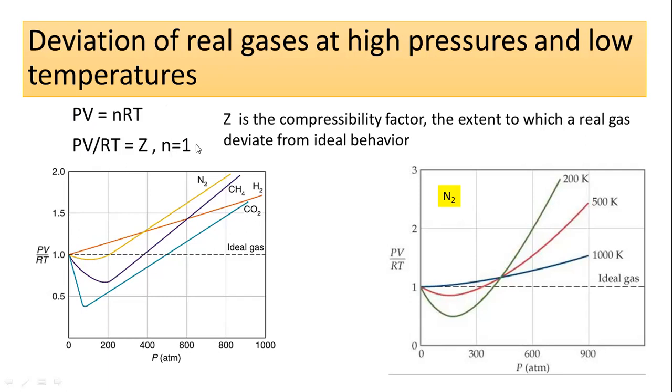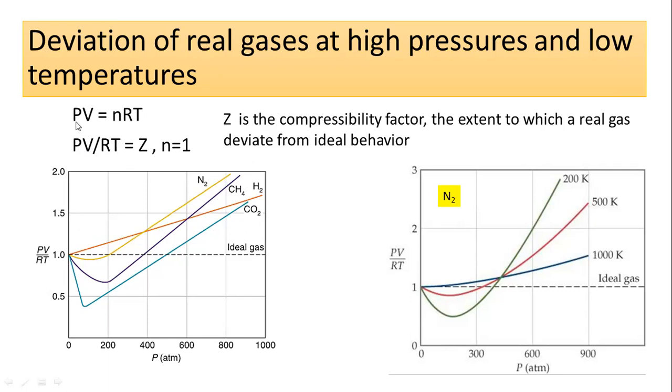N is also 1. So PV divided by RT is called the compressibility factor, Z. Z is the extent to which a gas deviates from ideal behavior.